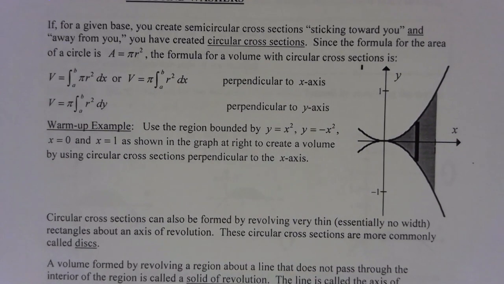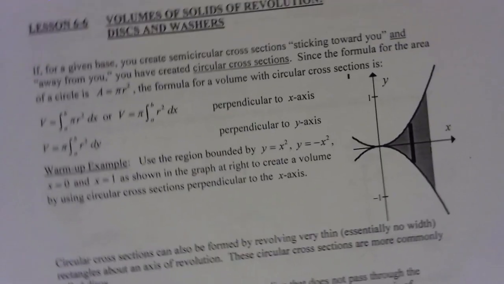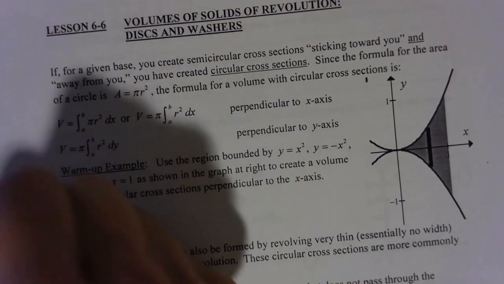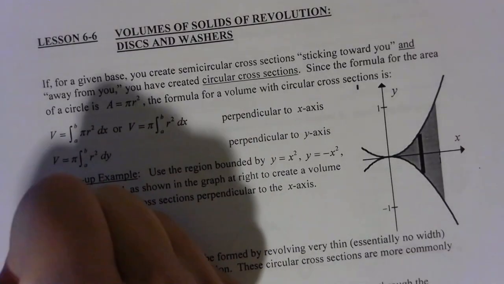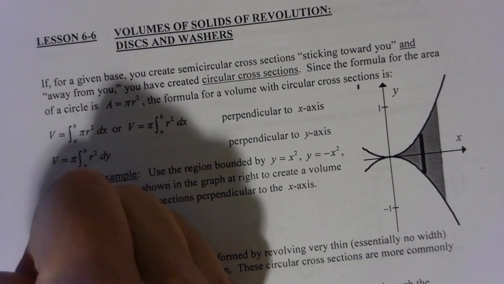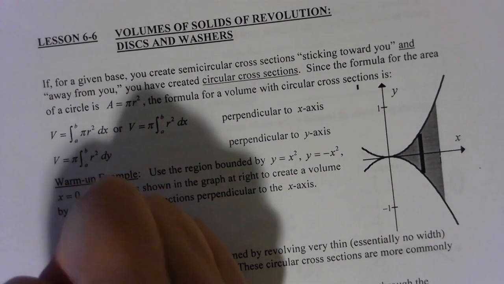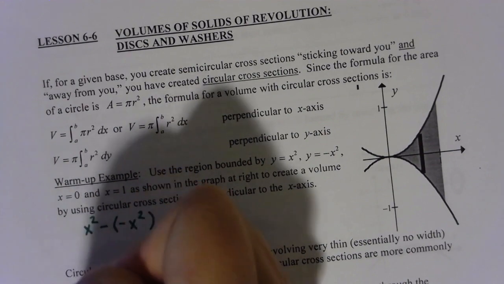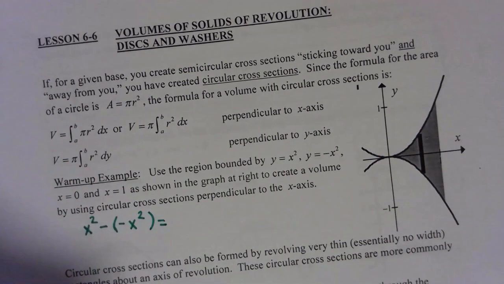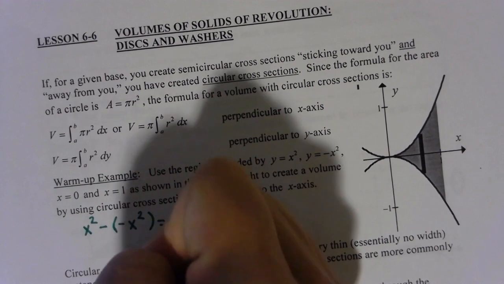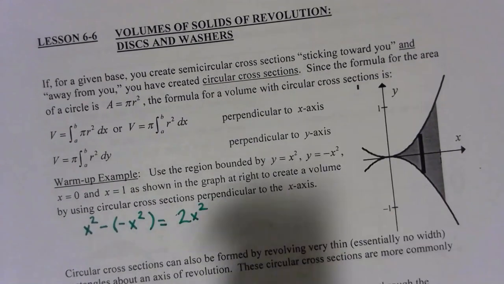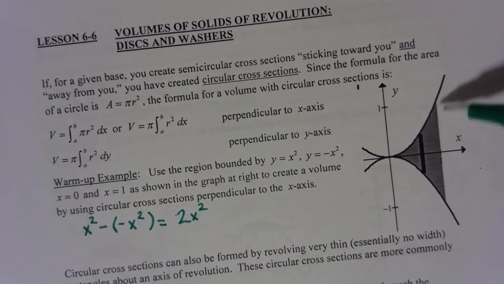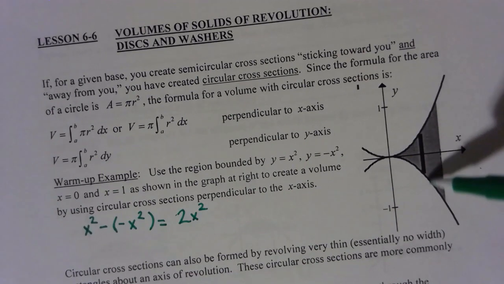What we need to remember is that we do our top, x squared, minus our bottom, which is negative x squared. When we put this together, we get 2x squared. Now this, of course, would be our diameter. It would be the whole thing.